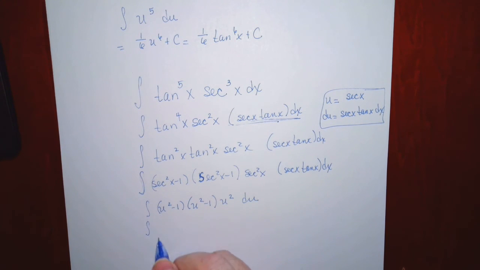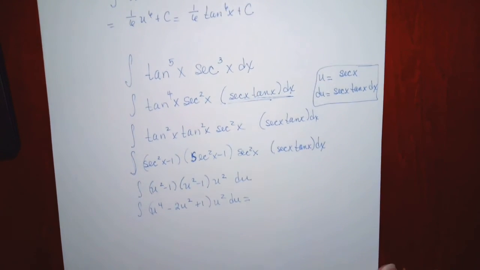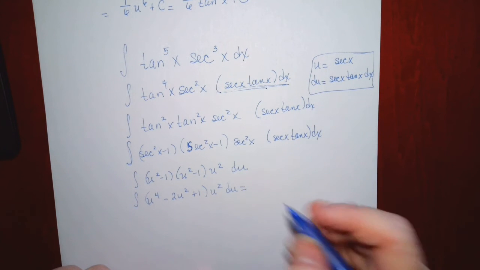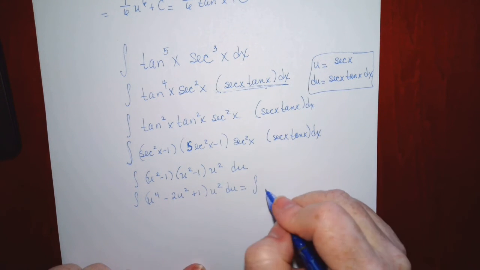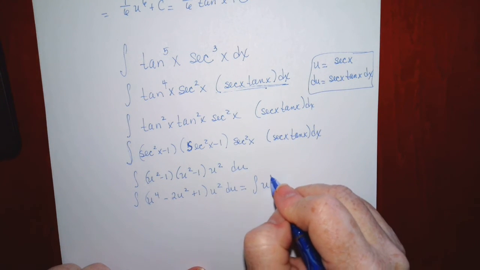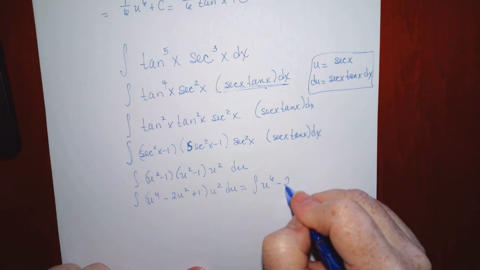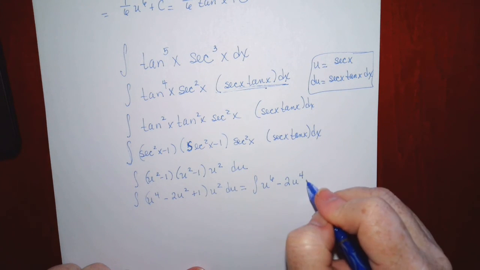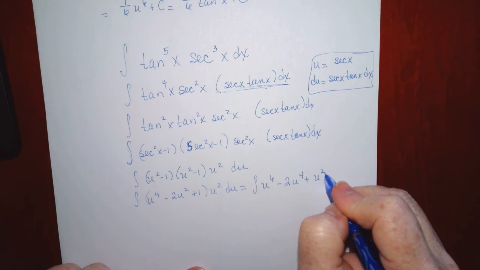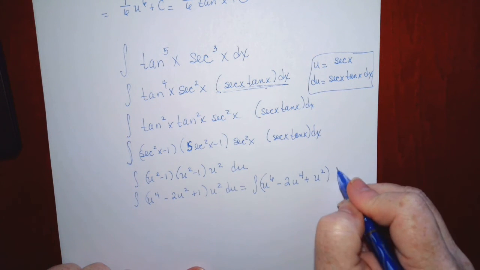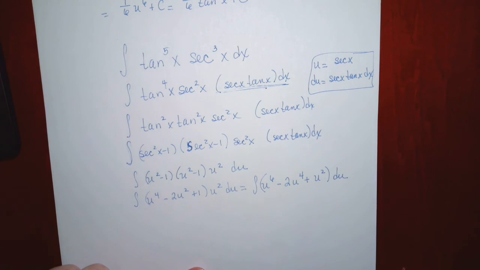This would be u to the fourth minus 2u squared plus 1 times u squared du. So that will be the integral of u to the sixth minus 2u to the fourth plus u squared du.